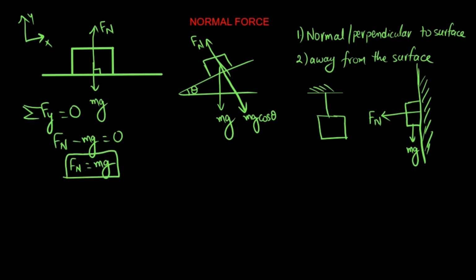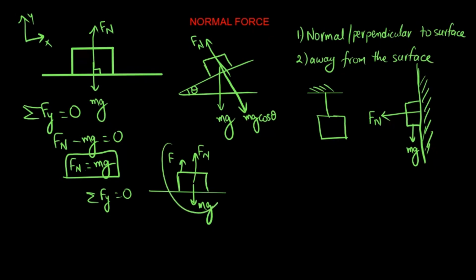Now let's see what happens when an additional force is applied. We have mg downward, we have Fn upward, and a force F applied upward. We write the force equation again in the y direction, and we are doing y direction because all the forces you see here, they are all acting in the y direction.